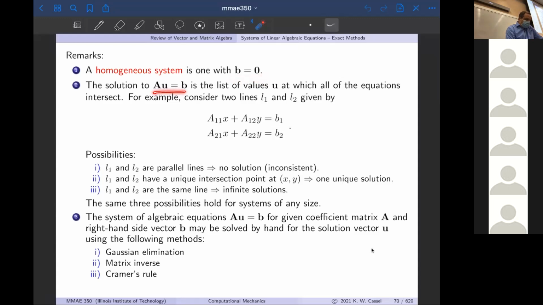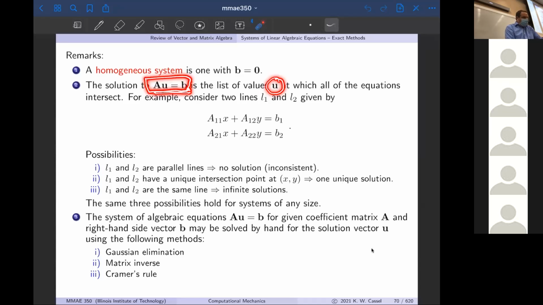Now, in general, this solution is going to be the values of U that satisfy this system of equations, AU equals B. Normally, for our problems, we will have N equations for N unknowns. We have the same number of equations as unknowns, so we can get a unique solution, but that's not always the case.